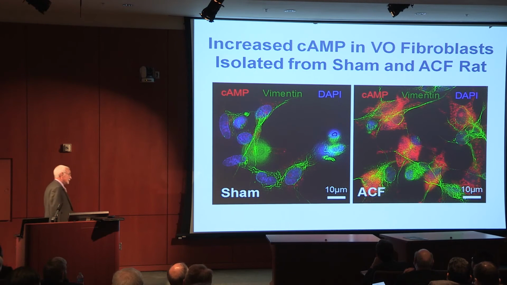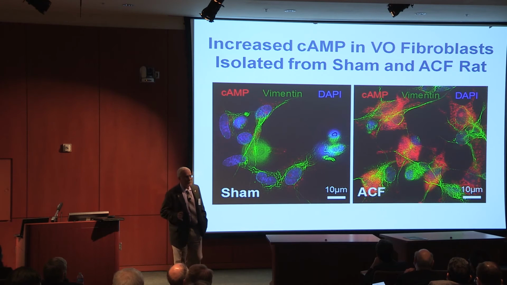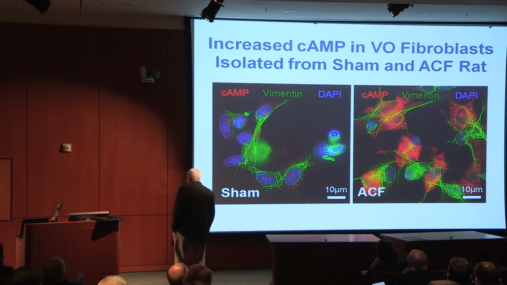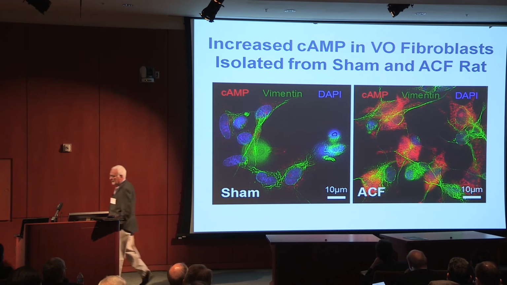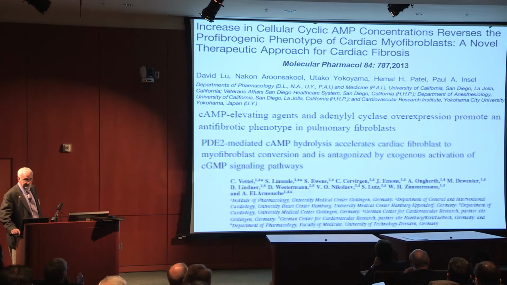And also, this is the key, we see marked increase in cyclic AMP in red. Here are the sham, and here are the fibroblasts from a rat of 12 weeks duration of ACF, and a marked decrease in interstitial collagen.